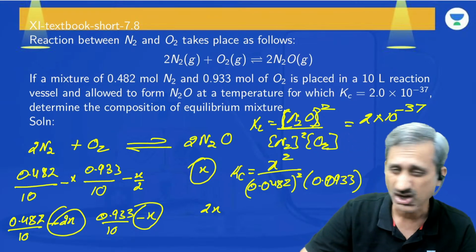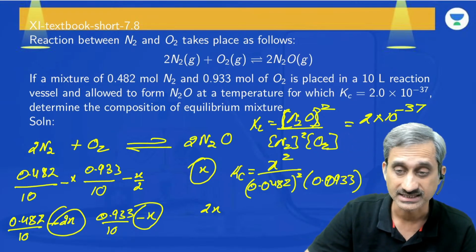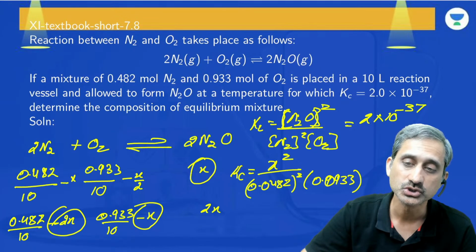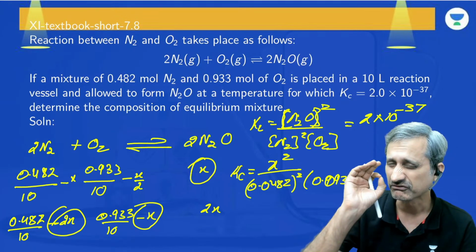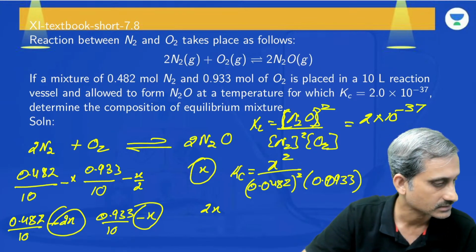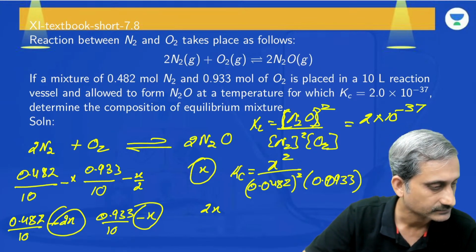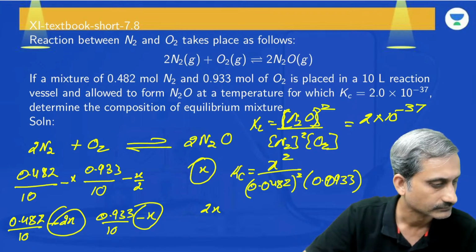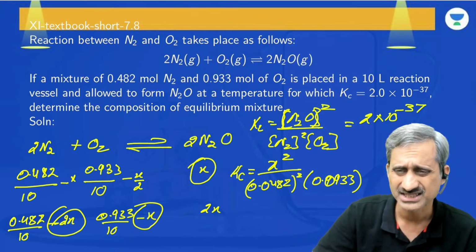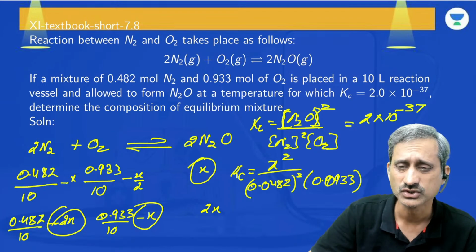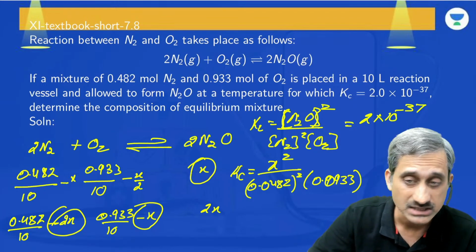This x, or x by 2 or 2x, whatever it is, is neglected in comparison to the initial concentration of the reactant because the reaction has a very low value of equilibrium constant. Did you understand this? Is it clear? So here if you put x, you are really going to get confused because this value is going to be extremely small.